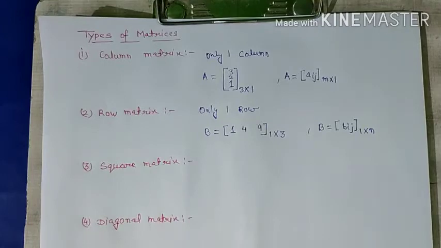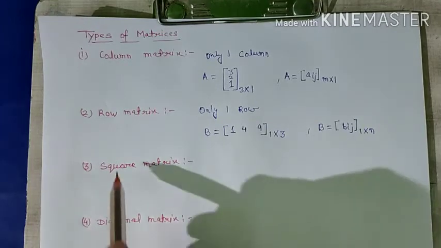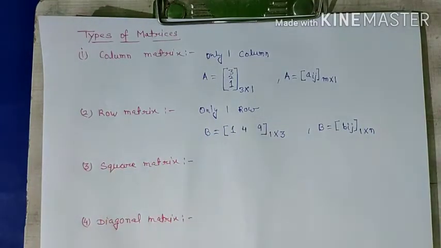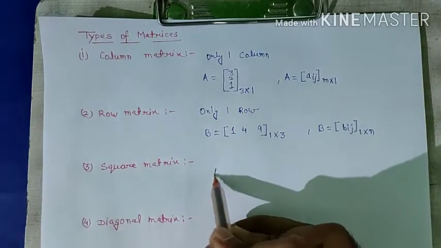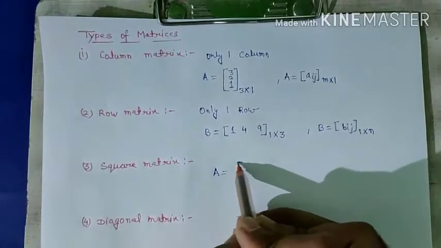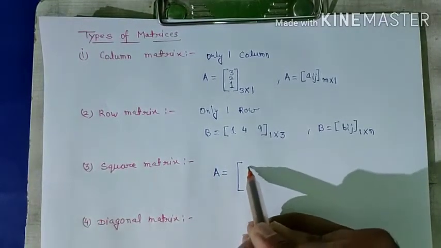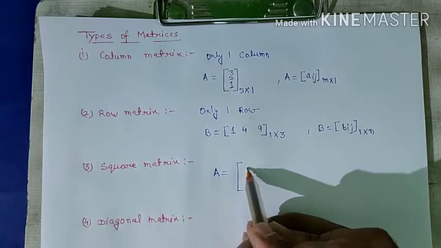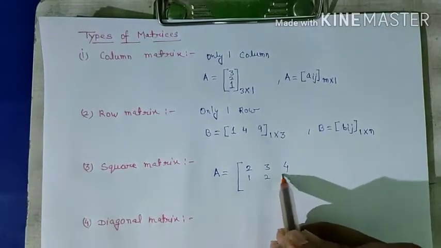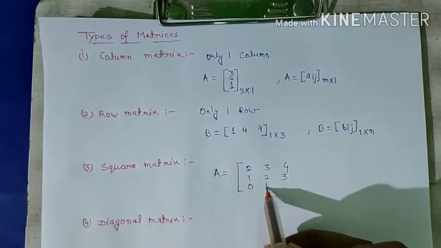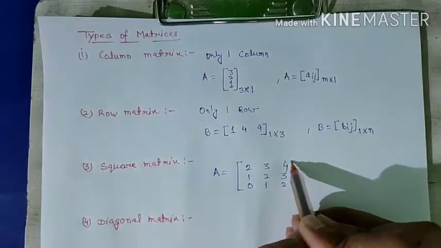Now another is the square matrix. A matrix in which the number of rows is equal to the number of columns is said to be a square matrix. Like if I give an example, 2, 3, 4, 1, 2, 3, 0, 1, 2.